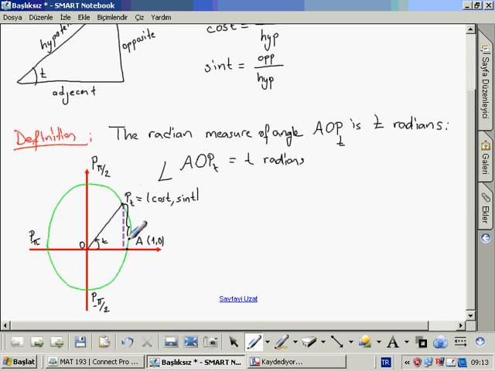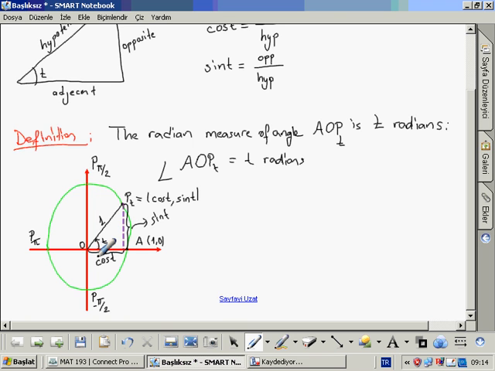This part is sine t, and this part is cosine t, because the hypotenuse equals 1. So this is sine t and this is cosine t, and our measurement value will be in radians.